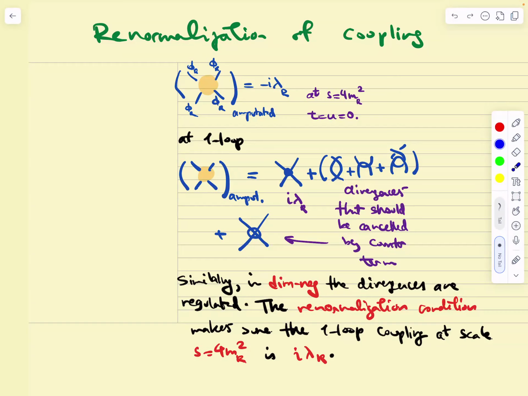This is higher order. How do I know that? See what was the value of this? This was used to cancel the divergences in this. So the divergences in the one loop diagram were used to cancel this. So this carries the vertex lambda coupling, so this is higher order. Good. So at this order, this is all I need to add.